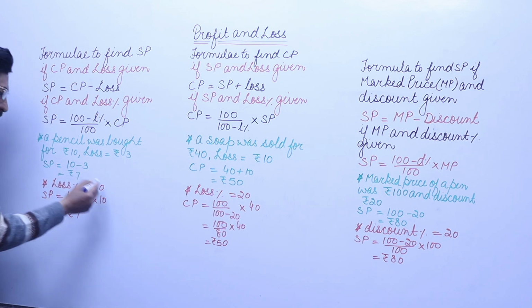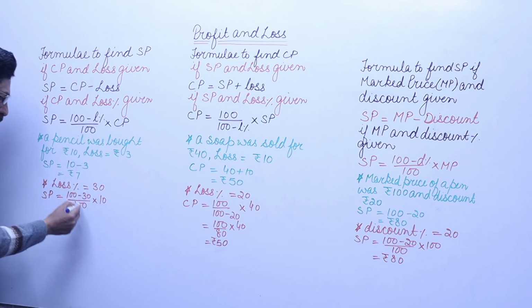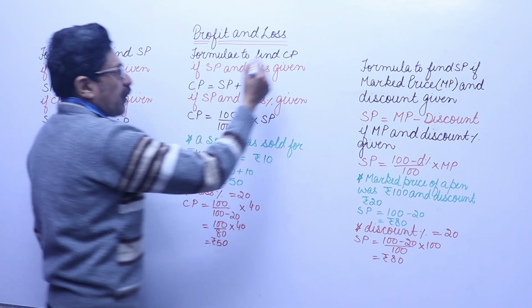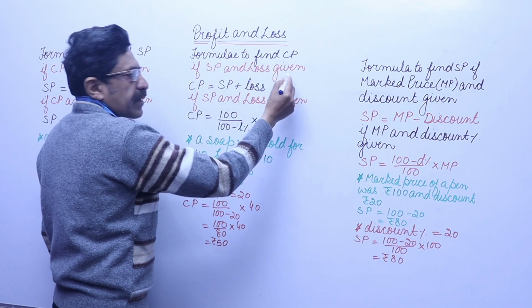Loss percent given is 30, then selling price is equal to, using this formula, 100 minus 30 over 100 into 10, rupees 7.